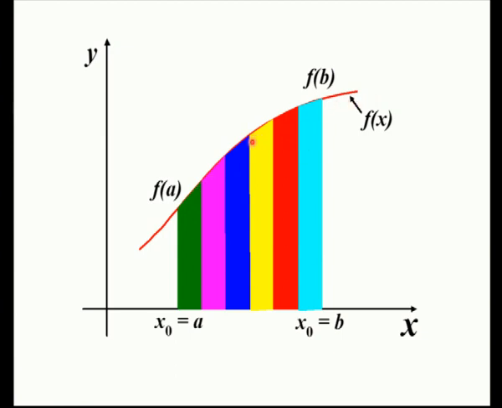Instead of computing that integral directly, that area can be approximated by computing the area of these smaller strips. You can see that these smaller strips are colored with different colors. Compute the area of the smaller strips and then add them, and you will get the area of the bigger portion, which is the area enclosed by the curve between x equal to a and x equal to b.